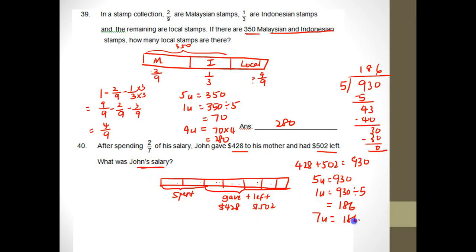So 186 times 7. 6 times 7 is 42. 80 times 7 is 560. 100 times 7 is 700. Adding up gives 1302. So the answer is 1302.